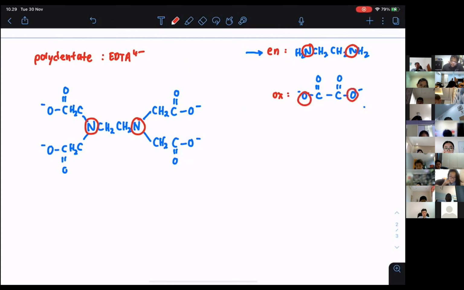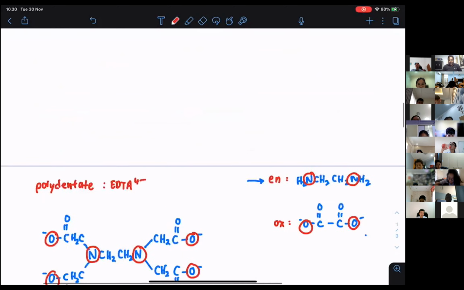We don't circle the double bond O. The same thing, circle here. We don't circle the double bond O. So it's actually a combination of En and OX. Okay, so now polydentate is done.